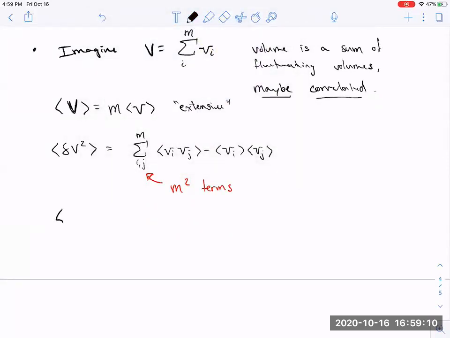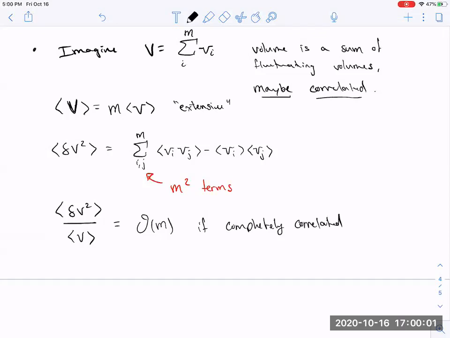So if I look at the quantity, fluctuations in V over average V, if those v_i's and v_j's are correlated such that I can't independently average v_i from v_j, there is going to be an order M size to that ratio of fluctuations to the average volume, if and only if all of those cells are correlated, such that I really do have M squared non-zero terms.